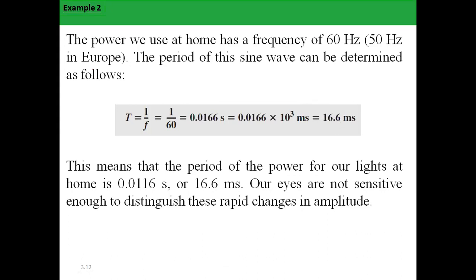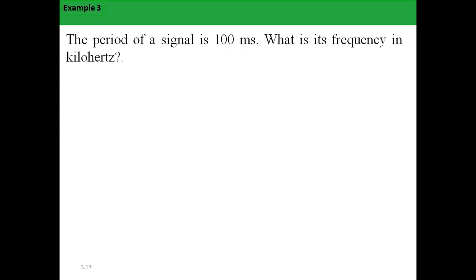So if one cycle gets over in 16.6 milliseconds, then why are we not able to see that change? Because the only reason is the time period is very small. Our human eyes are not sensitive enough to distinguish these rapid changes. So that's the answer for this question.